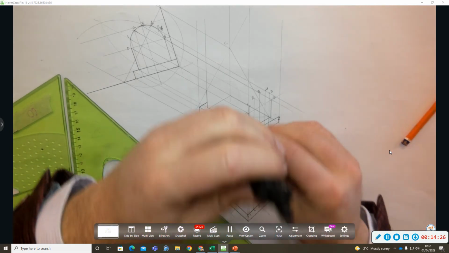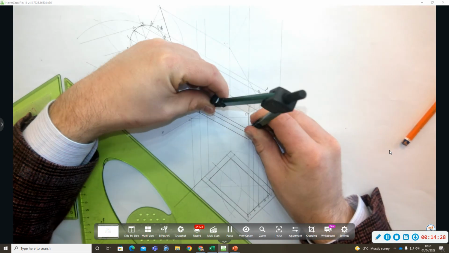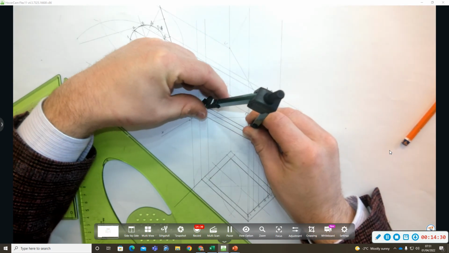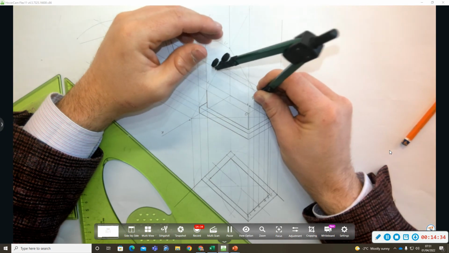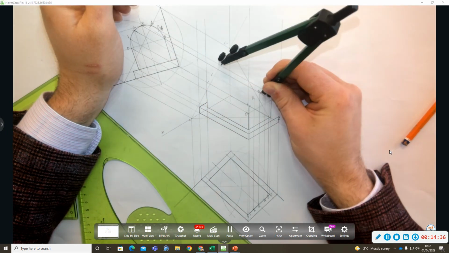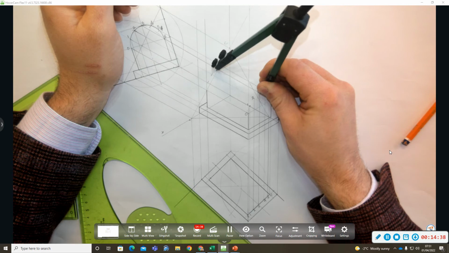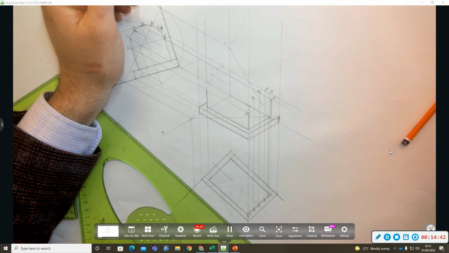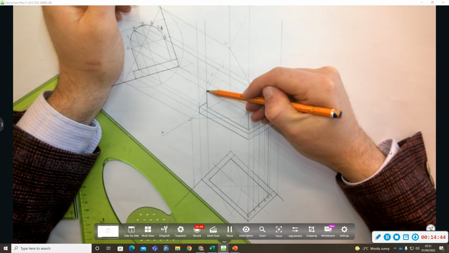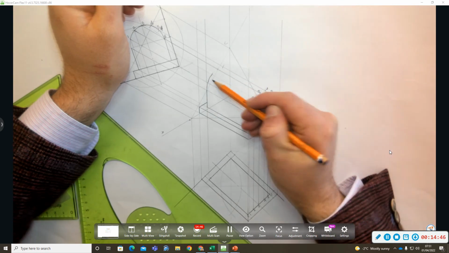It's the same distance. So my preference is to take that distance with your compass, okay, and step with your compass from each one. That's my preference. And then you'd freehand sketch them in. So there we go.